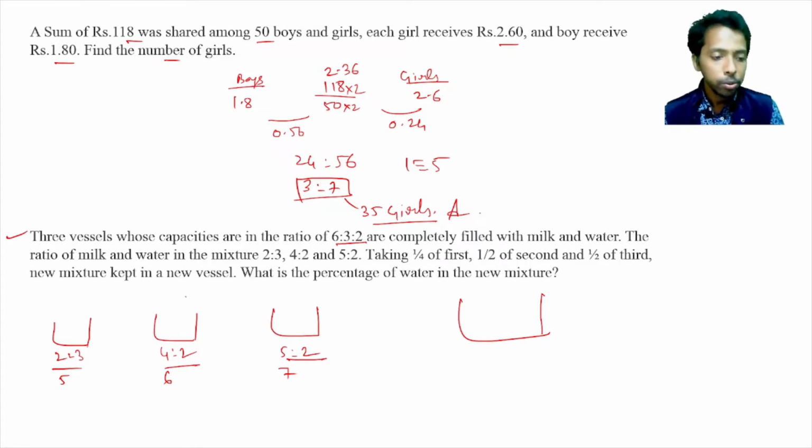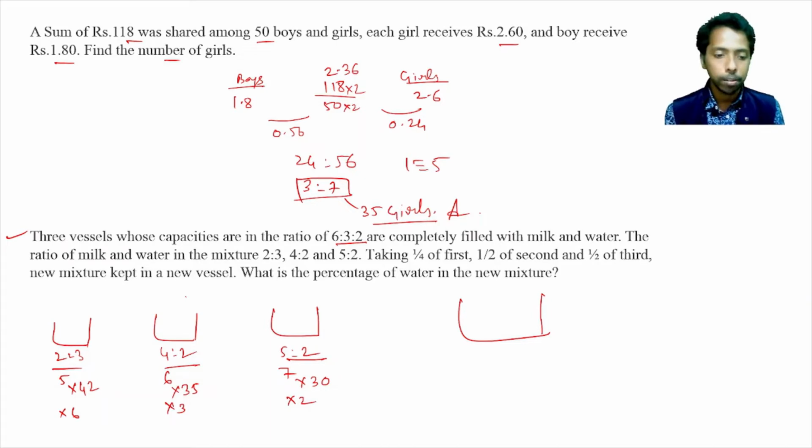What we can do here is make all three equal first. This is 5 multiplied by 6 into 7, that is 42; 6 multiplied by 5 into 7, that is 35; and 7 multiplied by 6 into 5, that is 30. Now these are all equal to 210. Now we can multiply this value by 6:3:2, whatever ratio we have.